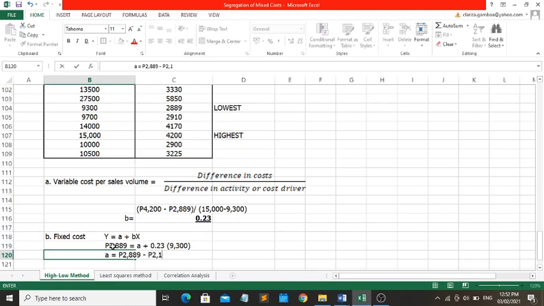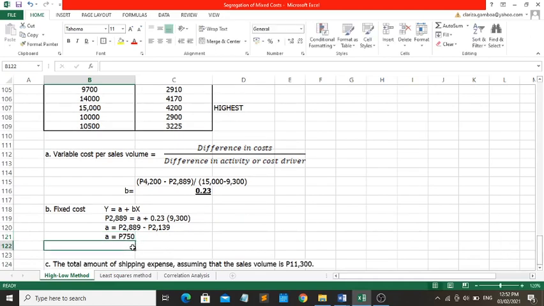So, 2,139, yan naging total variable cost kapag 9,300 ang sales volume natin. So, after that, mako-compute na natin yung total fixed cost natin. Our total fixed cost is equal to, paki-less, 2,889 less 2,139. Meron tayong 750 pesos na total fixed cost.